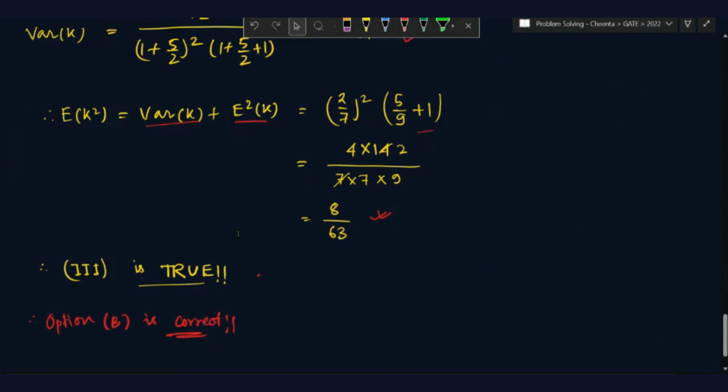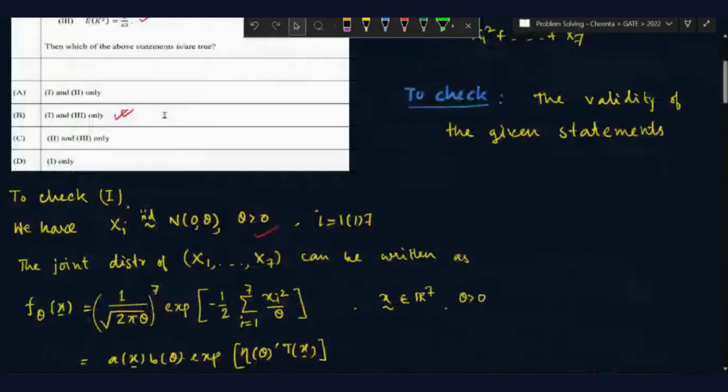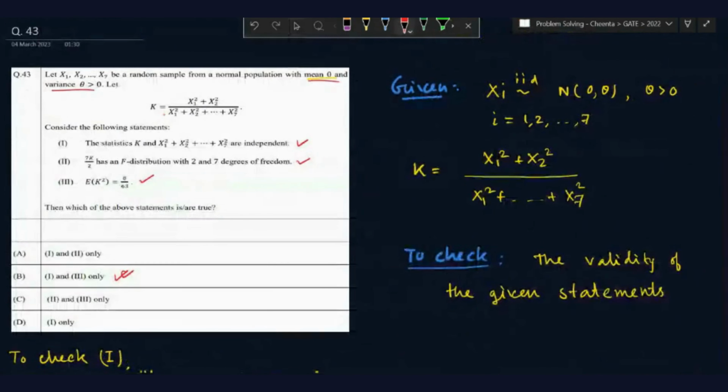Now the objective of the problem is to check that an F distribution only comes from two independent chi-square variables. Here the two chi-square variables in the numerator and the denominator are not independent. Hence we cannot say that 7k by 2, that is k with some constant adjustment, follows an F distribution.